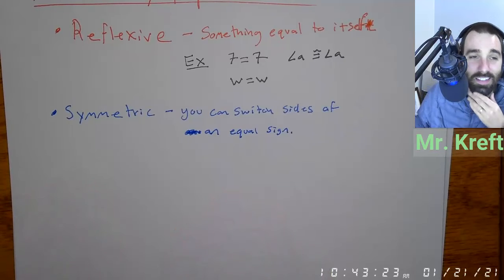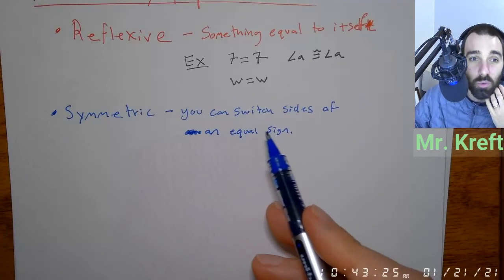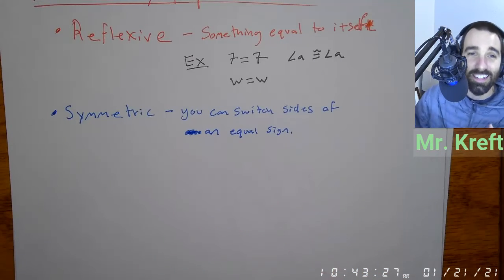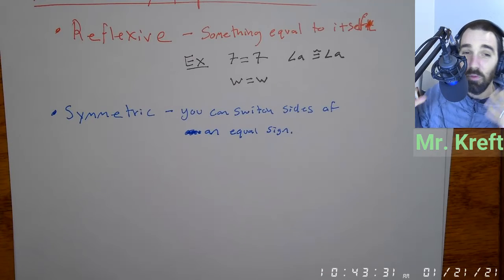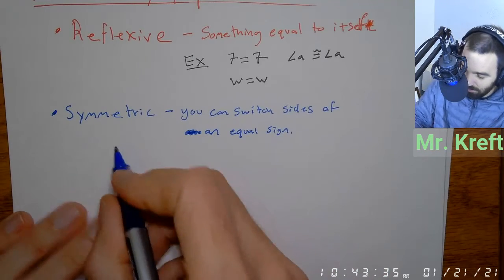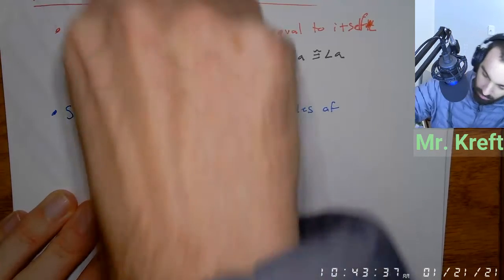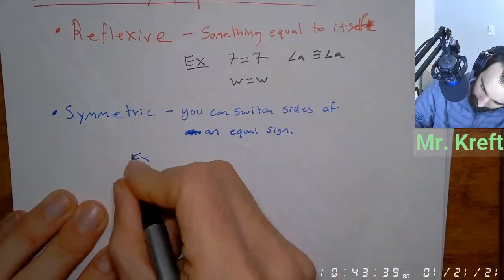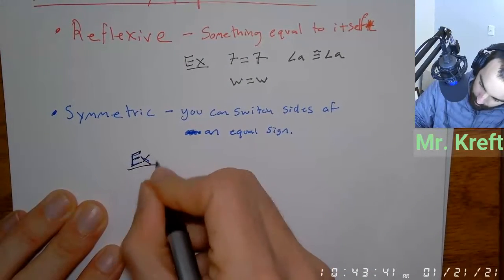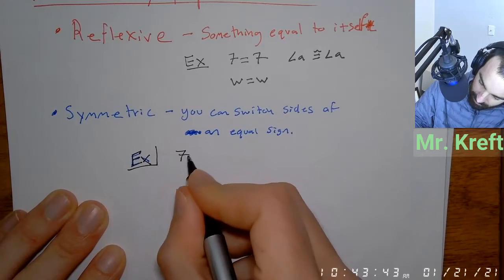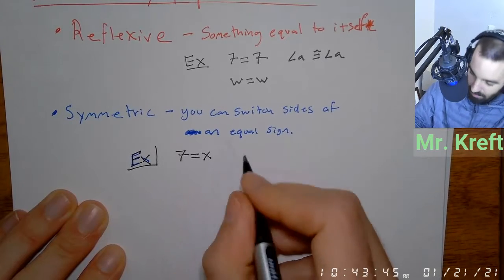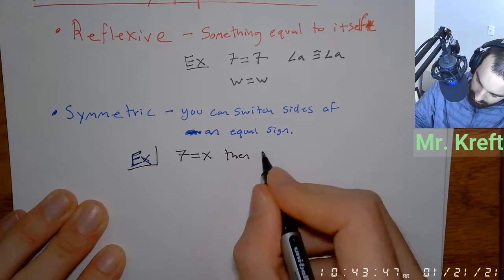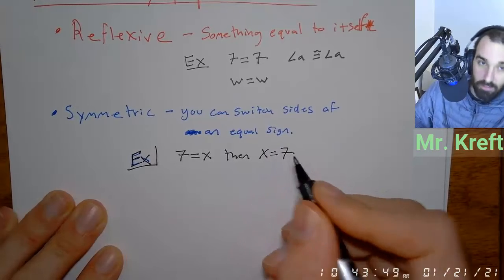Now, this sounds more confusing than it is, but symmetric says you can switch sides of an equal sign. You have done this. Your teacher and you did this, and you just were never told you couldn't do it, right? Here's an example. If 7 equals x, then x equals 7.